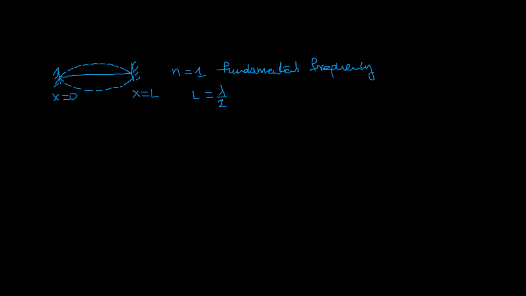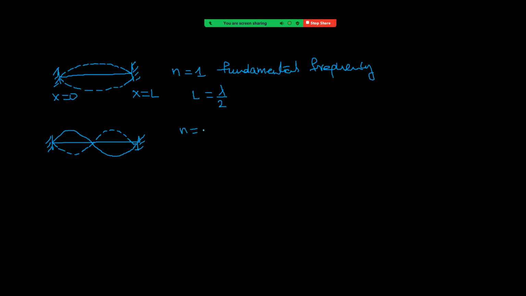Suppose we have two loops. Two loops means like this. At one instant, the shape is like this. Next it becomes a straight line. Next it becomes the dotted line. And next again becomes a straight line. So this will repeat, and it appears just like loops. When we have two loops, that means n equal to 2.